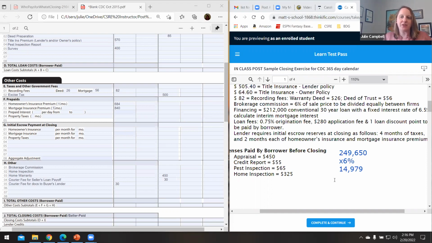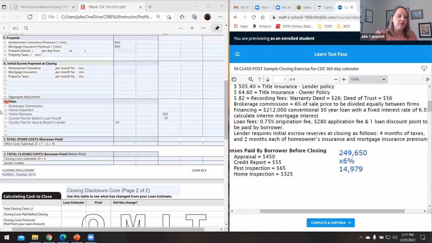The problem tells us we're going to split that between the two firms. So in the real world, when you review these closing disclosures, down here under H, under other, you're going to have two categories. Firm ABC gets X amount and firm XYZ gets X amount. You're going to have two firms getting paid two different commissions, and it's going to name the firms and how much they're going to get.